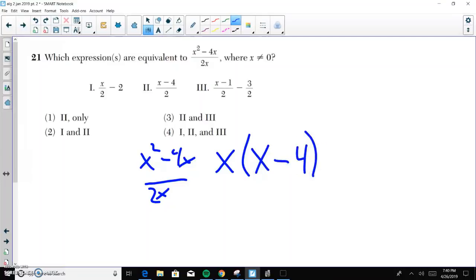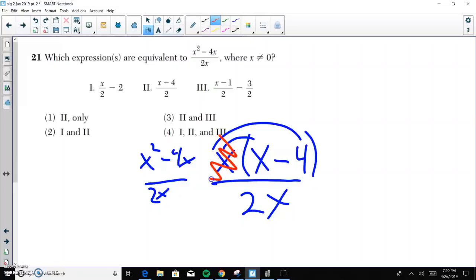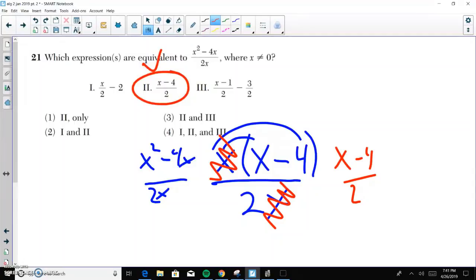If you were to distribute, you get x squared minus 4x, the same thing, over 2x. So you could cross out the x here and the x here. So that's x minus 4 over 2, which is choice 2. So the second option is definitely going to be right.